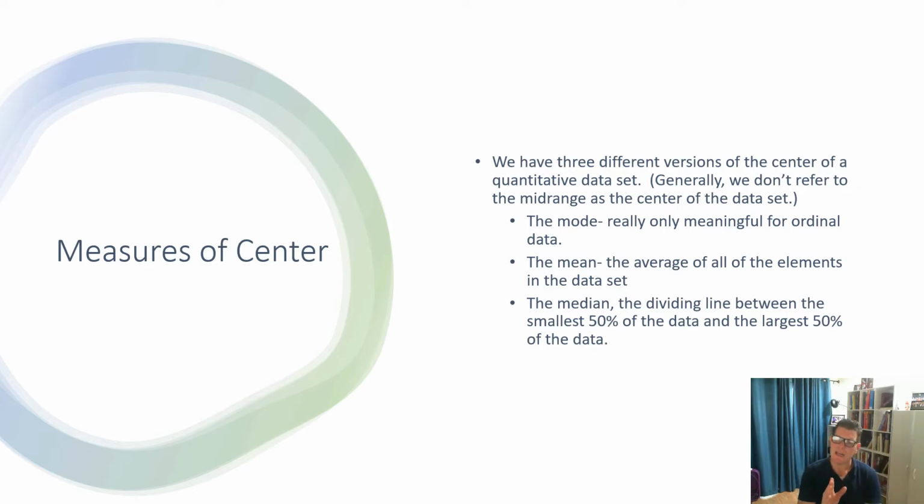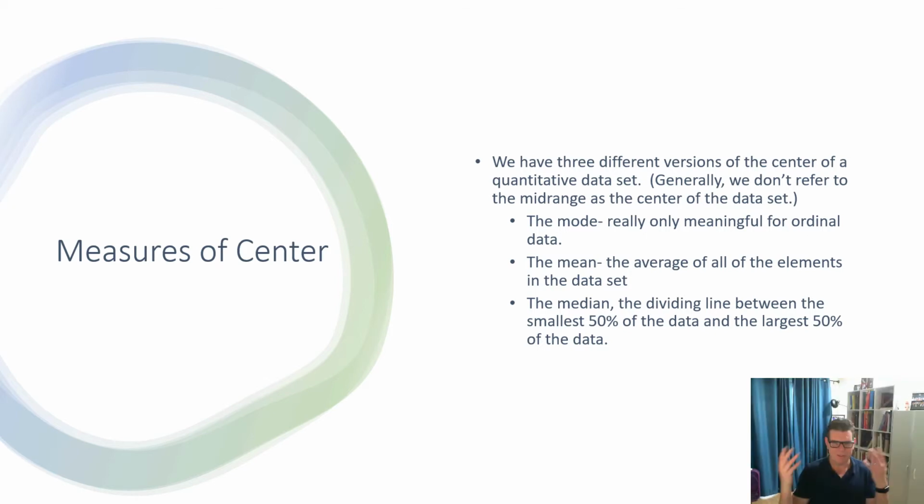And then we have the median, and that's the dividing line between the smallest 50% of the data and the largest 50% of the data. So if you've got 200 elements in your data set, or 200 members of your sample, the bottom 50 values are going to be your bottom 50%, and the median cuts right there, and then the top 50 are going to be your top 50%.